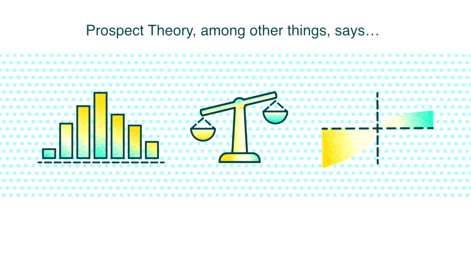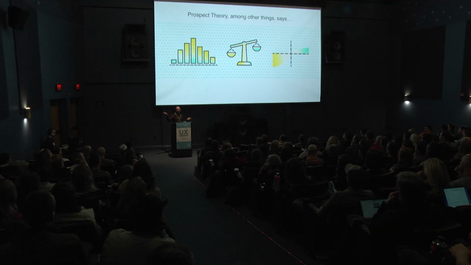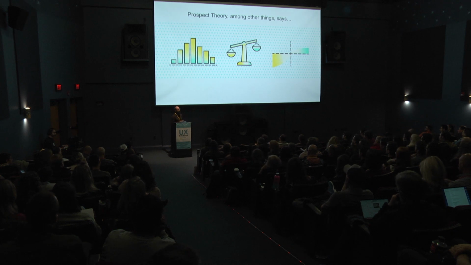What they found was, at the time, economics and behavioral psychology really thought people made decisions that were rational, meaning you weigh the options and decide this one will benefit me more than this one, so I'm going with this one. That was the going theory at the time. We all know that's not true. You think with your emotions, you make decisions that are completely irrational. And so prospect theory started exploring that, and it defines some things.